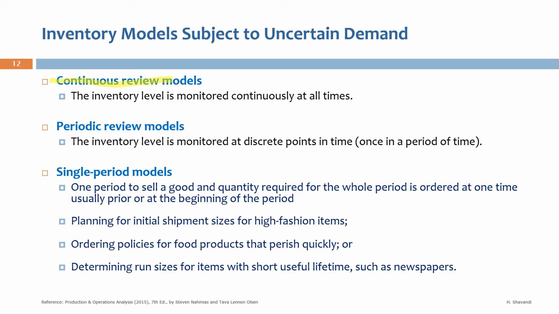This is exactly the case that we had in EOQ models in chapter 4. As you remember, over there we assume that we are monitoring the inventory level over time, and whenever it reaches a certain level, I mean the reorder point, we place a new order, and that's the case here as well.